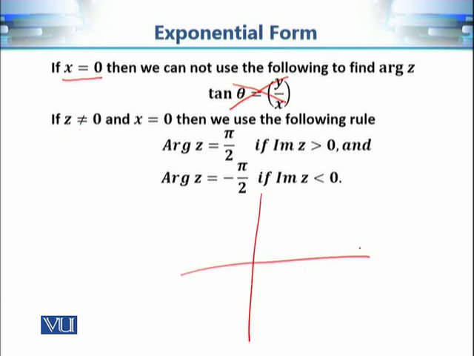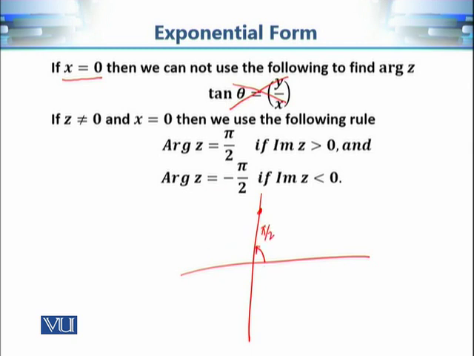So if we are given that x is equal to 0, what are the complex numbers that have x coordinate equal to 0? These are all the complex numbers that lie on the y-axis. If the imaginary value of z, or the y coordinate of this complex number, is greater than 0, then we take the argument of z to be pi by 2, since this angle is pi by 2.